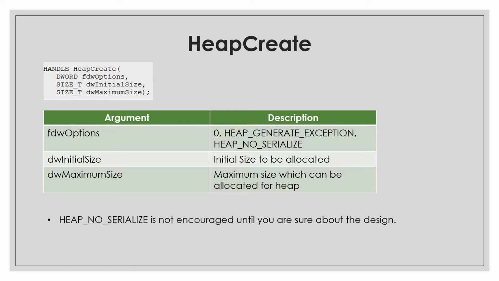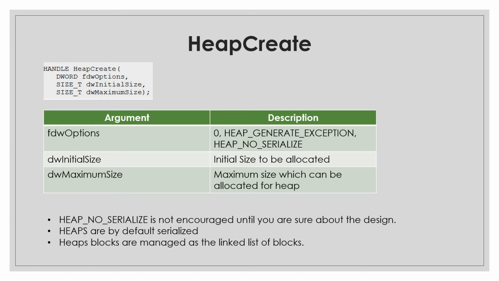That we have discussed right now. In this line you can see, HEAP_NO_SERIALIZE is not encouraged until you are sure about your low-level design. The next line is just a fact that you need to remember: heaps are by default serialized. Any heap that you create using HeapCreate or the system default heap is always synchronized or serialized.